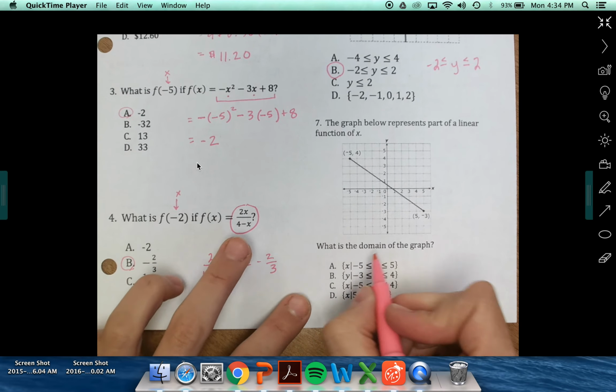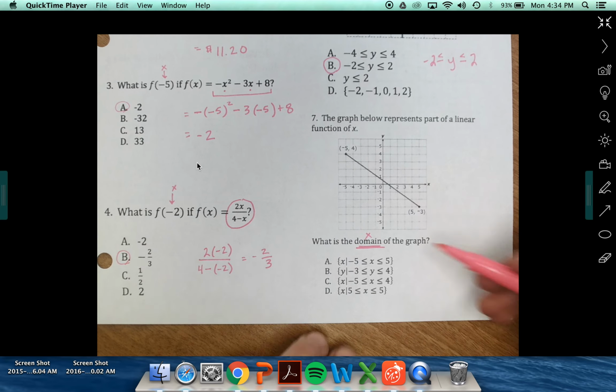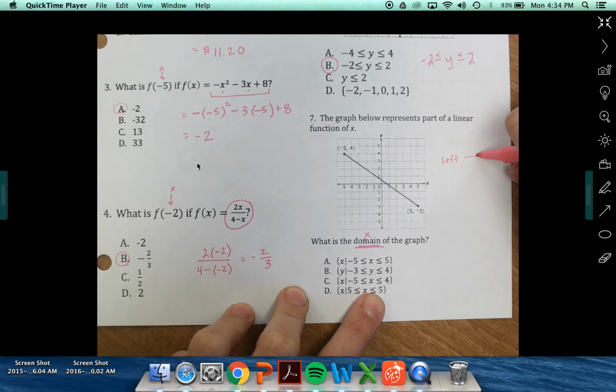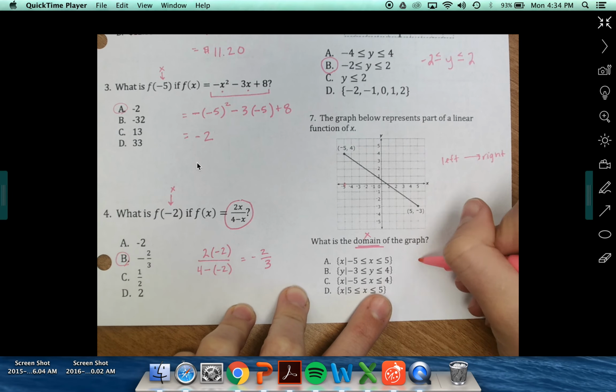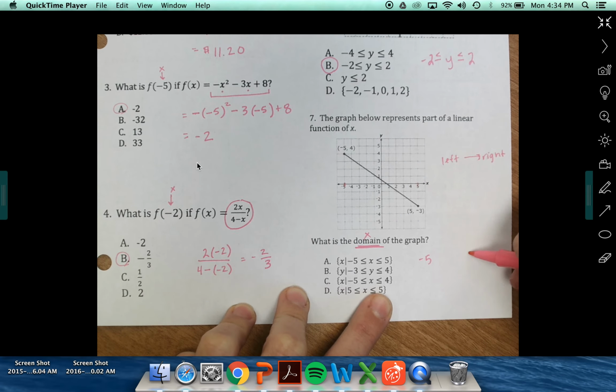7, we want to know what is the domain of the graph. So what is x? Looking at our x-axis, you guys should know we go from left to right. So my leftmost value is over here at -5. My rightmost value is over here at +5.